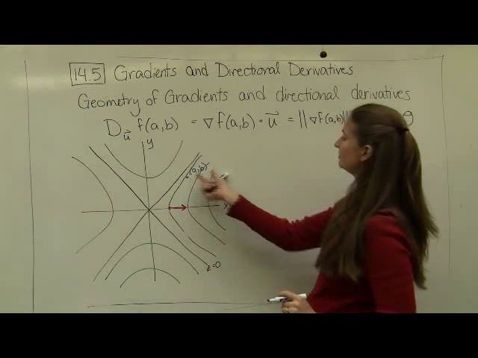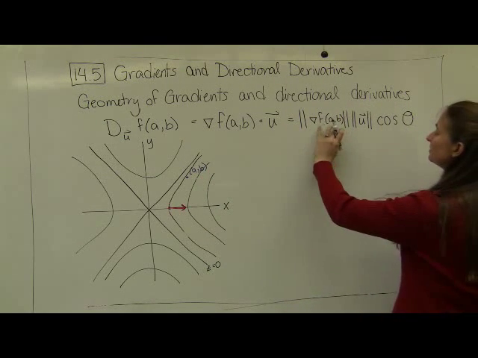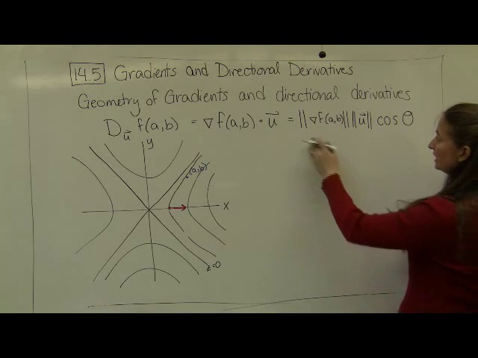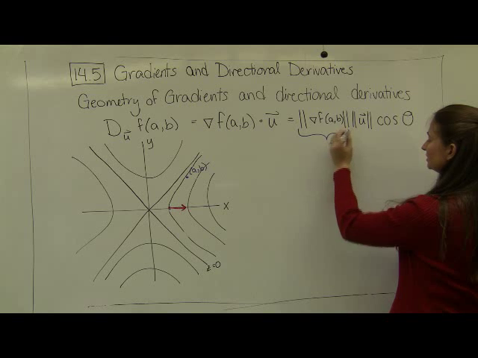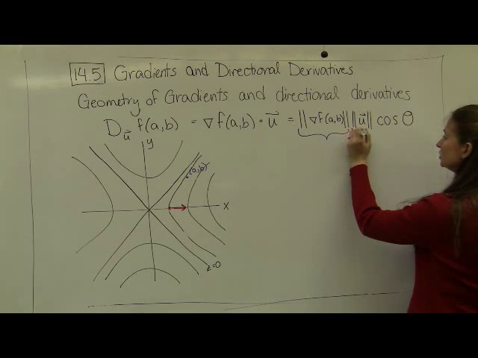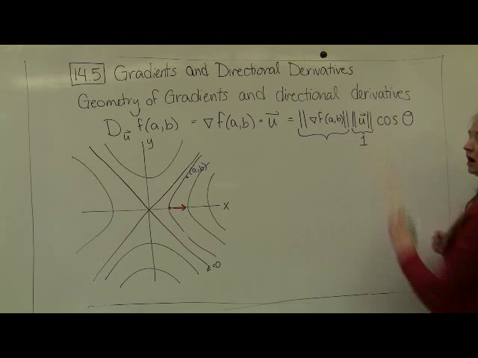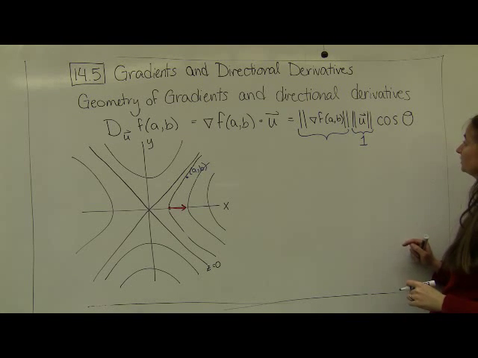Once I've fixed myself at the point (a, b), I know that the magnitude of the gradient evaluated at that point is always going to be whatever it is. This isn't going to change. And the magnitude of u is always equal to 1 because we're choosing our u to be a unit vector.